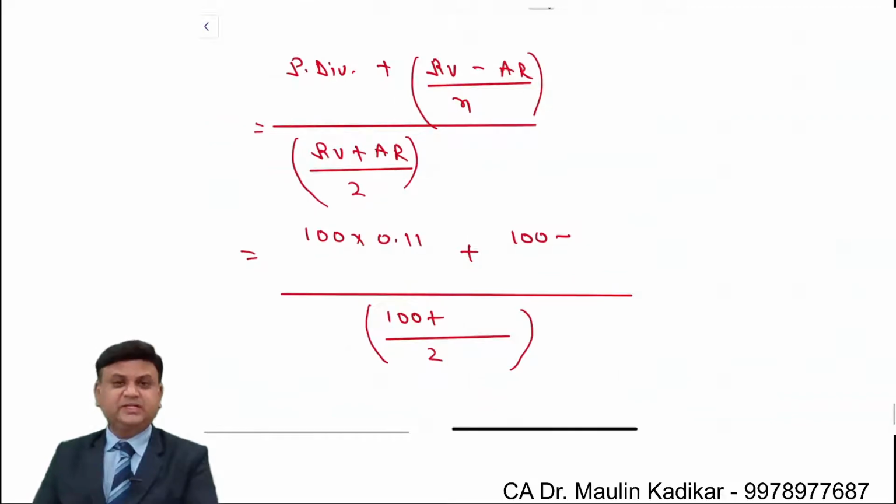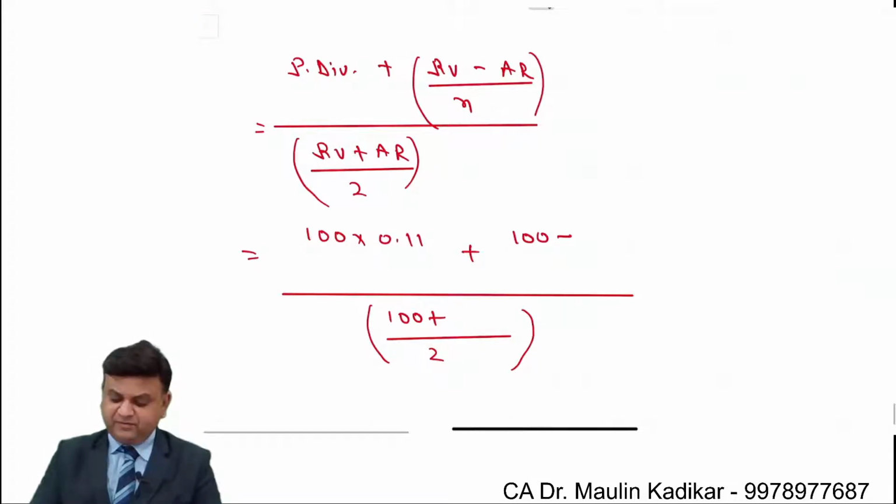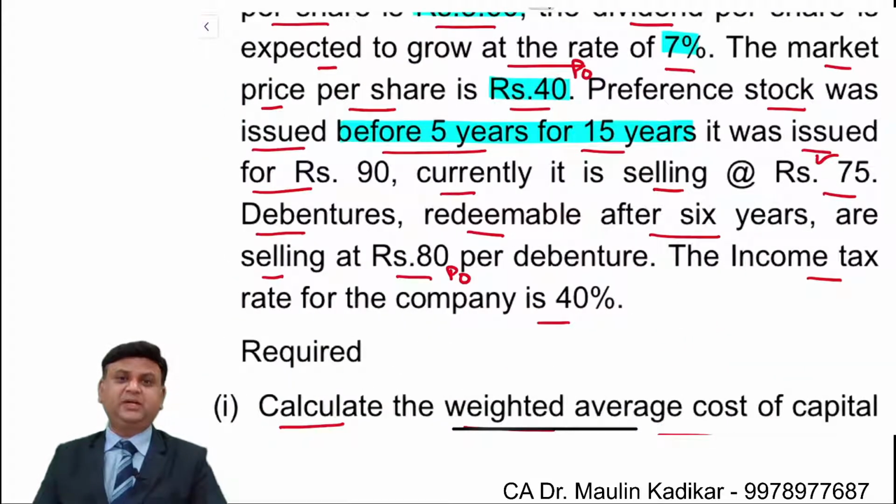Now dear students, importantly over here, we have been provided with the information for the existing security. So whenever information is provided to us for an existing security, we are required to compute the cost of capital if such a security is going to be issued in the market today. So if we issue this kind of security today in the market, then we will be able to fetch an amount of rupees 75.